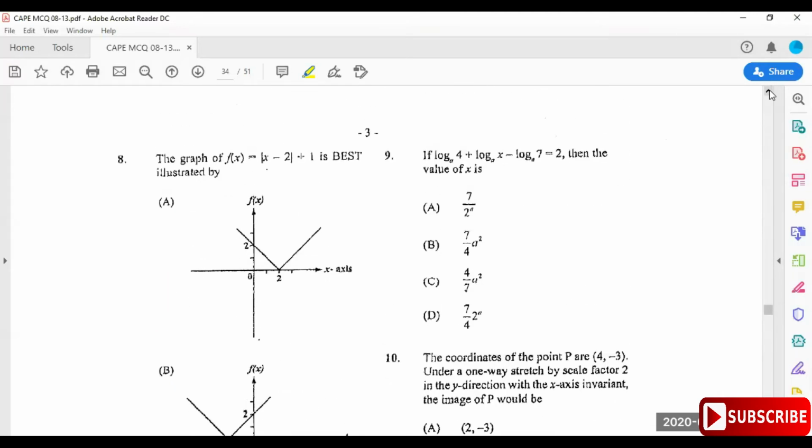All right. Now question 9. Question 9 is saying if log to base a of 4 plus log to base a of x minus log to base a of 7 is equal to 2, then find the value of x. So what we have to do is solve a log equation.